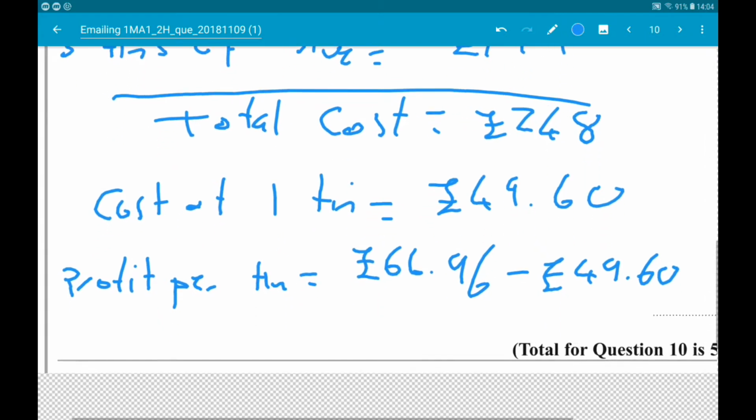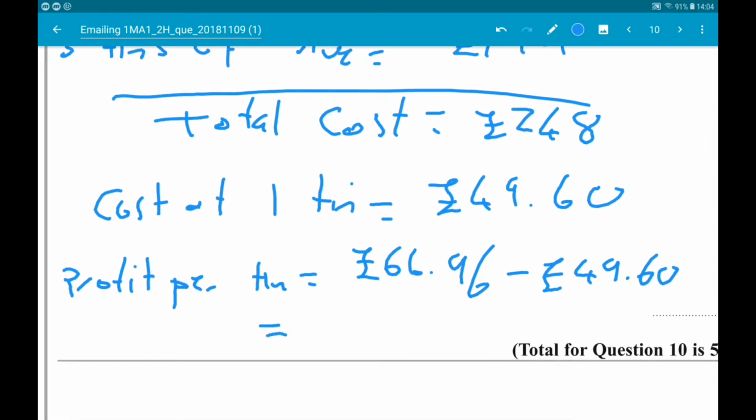Now that gives us £17 and 36p. So that's how much profit he makes per tin.